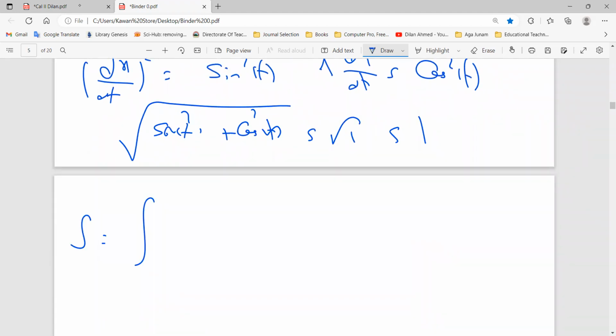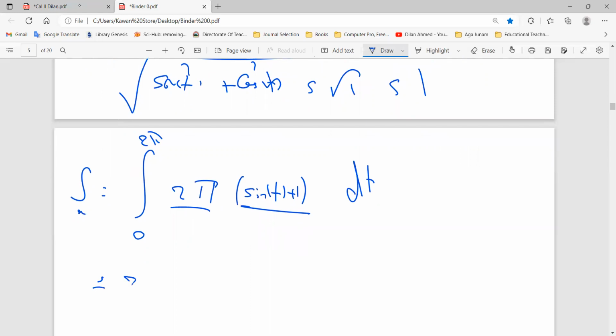Surface area about the x-axis is 2 pi y, where y is sine of t plus 1, and here's dt, and here's 1. You got it. So find this integral, which is very easy for you. I'm sure you can solve that one. And you get 2 pi, which is the constant.